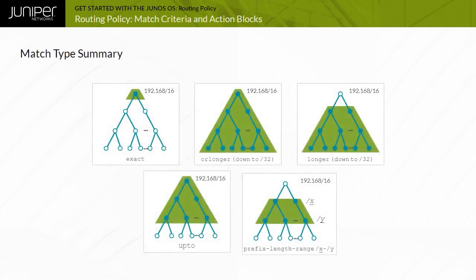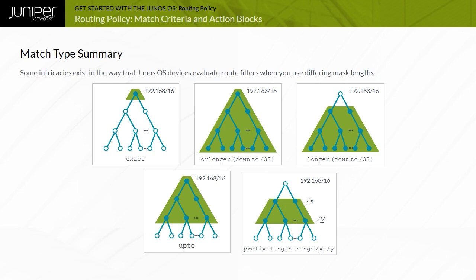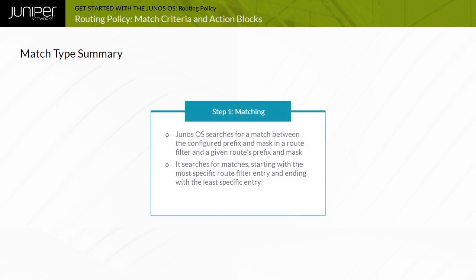Given a starting prefix of 192.168/16, what matches with each option? Some intricacies exist in the way that Junos OS devices evaluate route filters when you use differing mask lengths. Junos OS searches for a match between the configured prefix and mask in a route filter and a given route's prefix and mask.